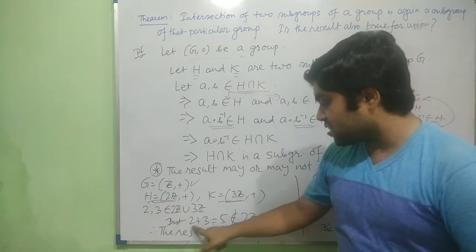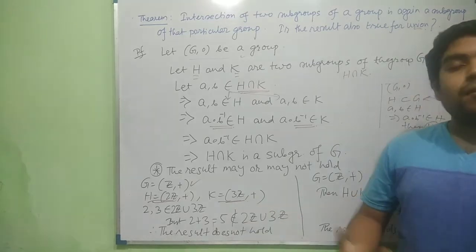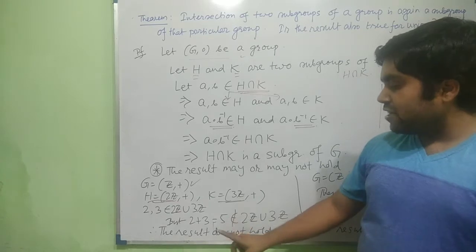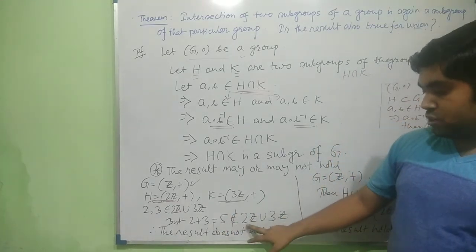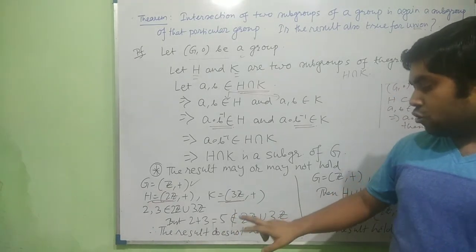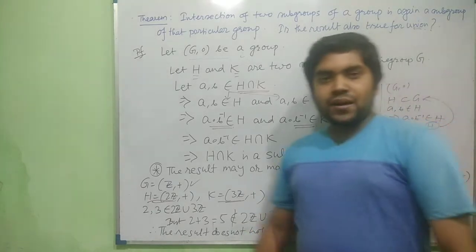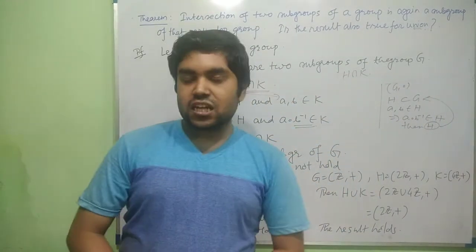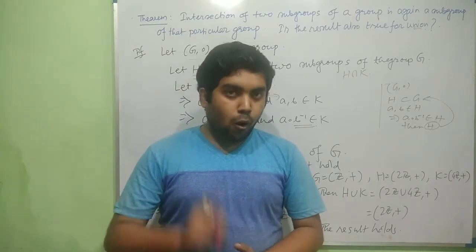Because 2 plus 3 is 5, which does not belong to 2Z union 3Z, because 5 is not an even number and 5 is also not a multiple of 3. Therefore, it does not belong to 2Z, and it does not belong to 3Z. Therefore, 5 does not belong to their union. So the closure property is not satisfied for the union in this particular case. So we can conclude from here that H union K is not a subgroup of the group G.